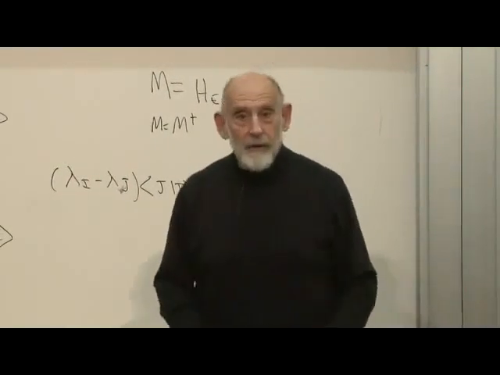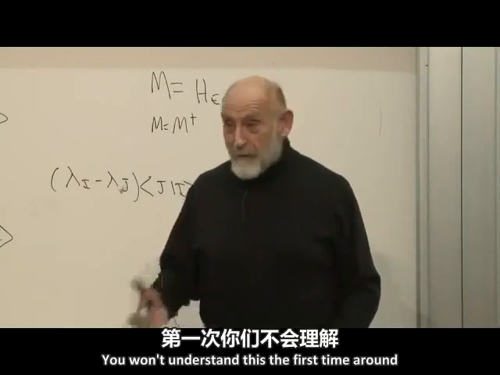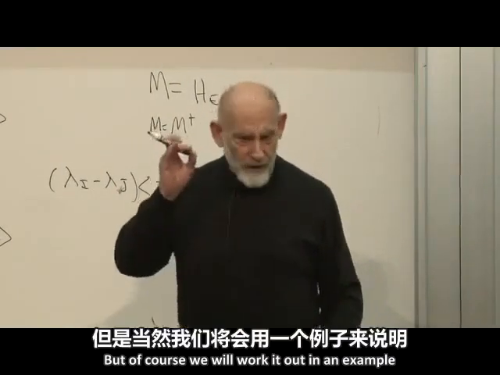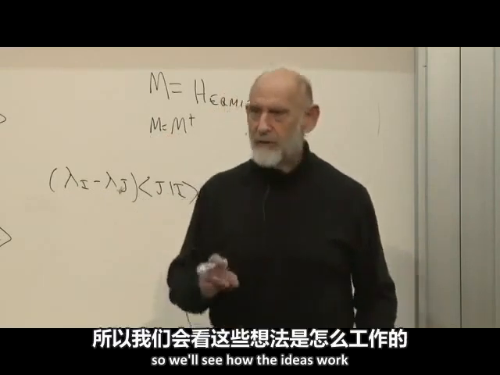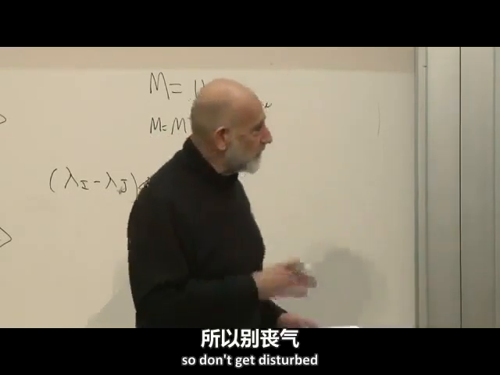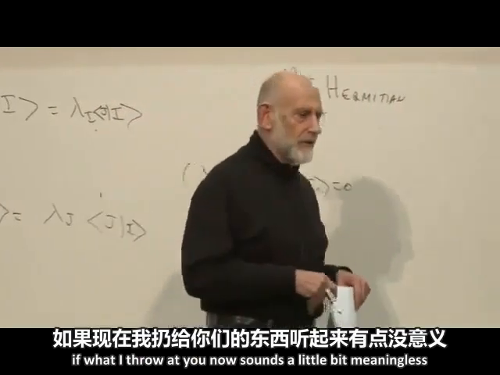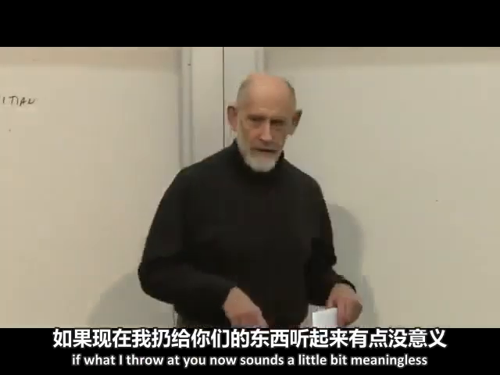You won't understand this the first time around. It'll be foreign. It'll be peculiar. What is he talking about? But of course, we'll work it out in examples, and we'll see how the ideas work. So don't get disturbed if what I throw at you now sounds a little bit meaningless.